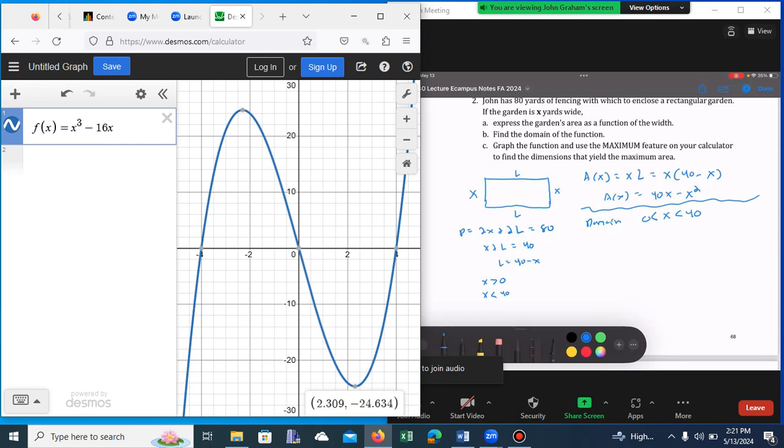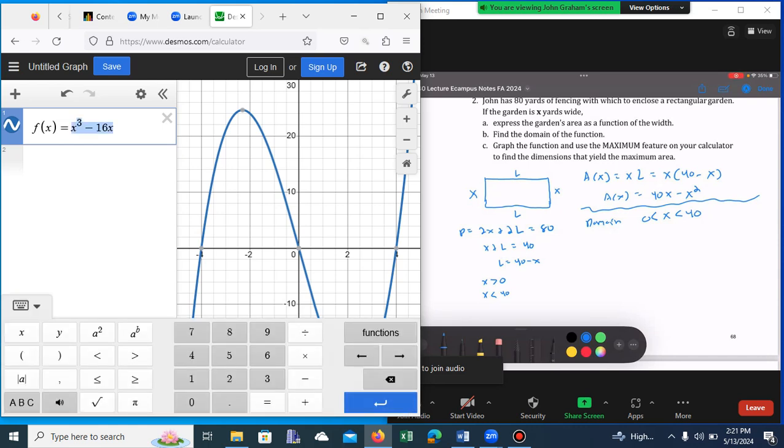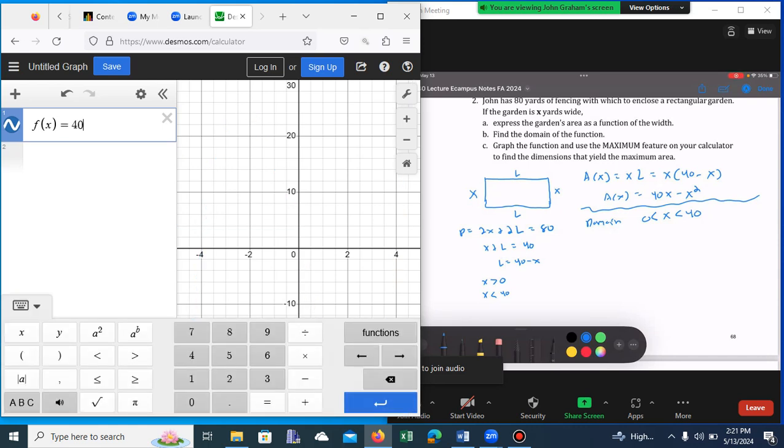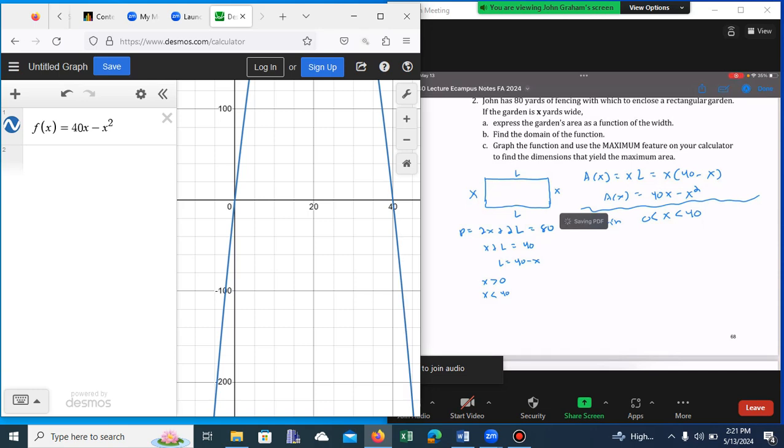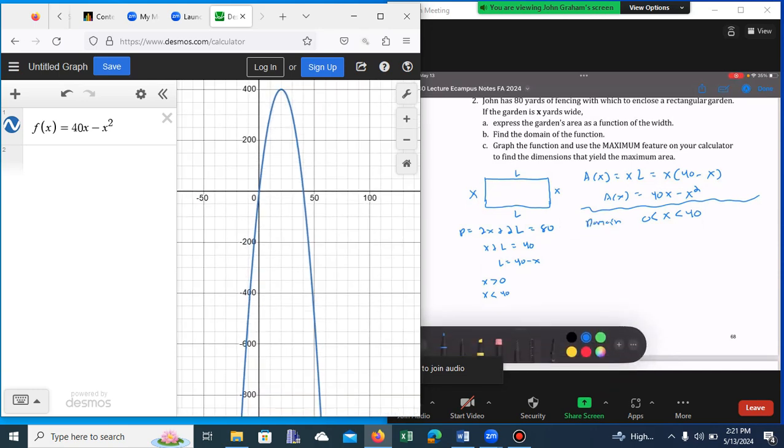All right, so now let's graph this and find the maximum area. So 40x minus x squared. And we're going to be pretty high there.